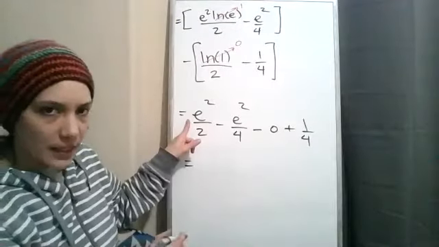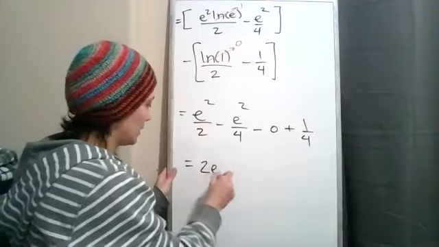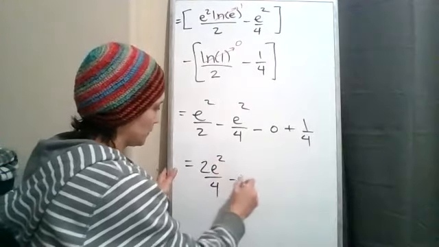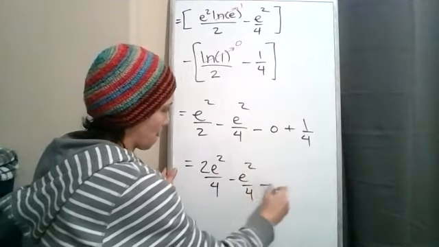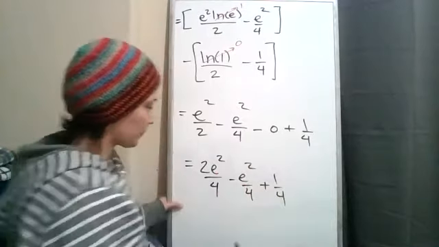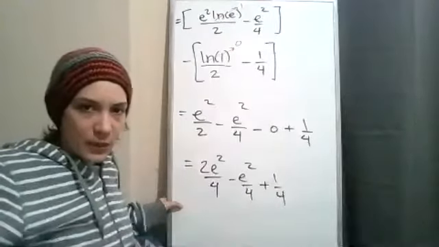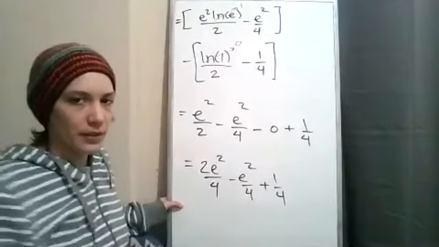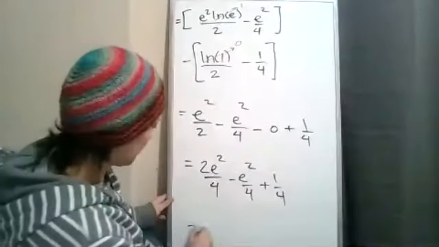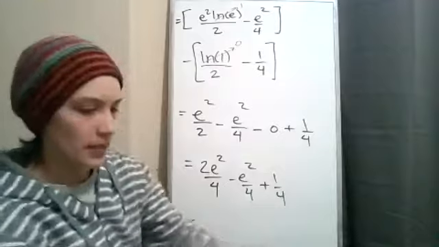Let's get a common denominator. We're almost done. e squared over 4 plus 1/4. Make sure.